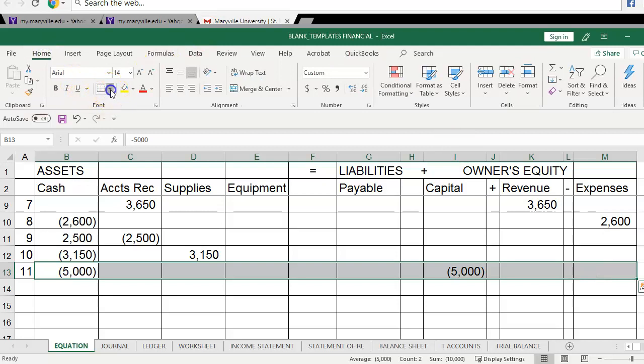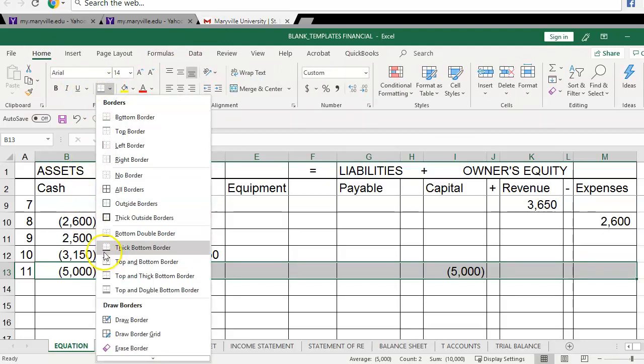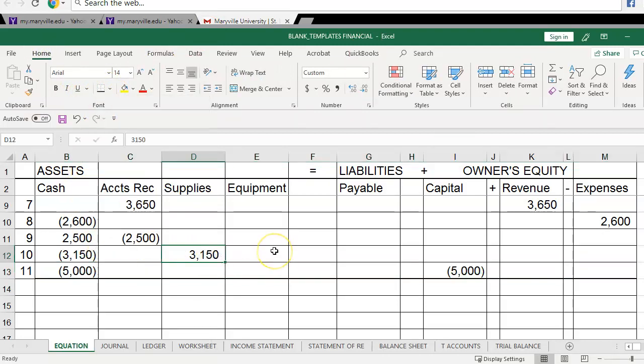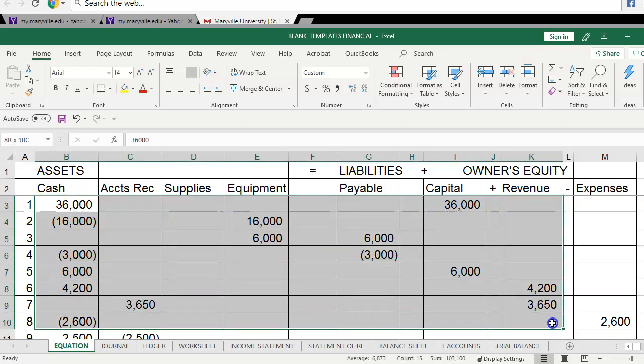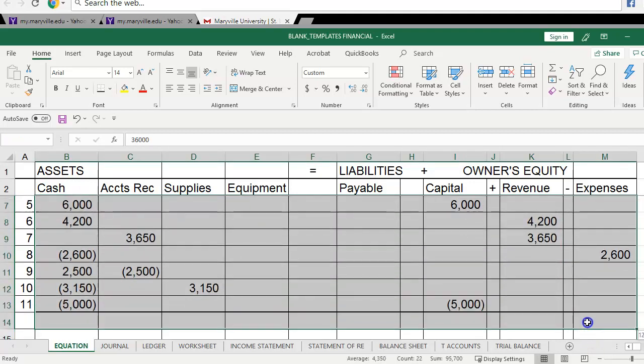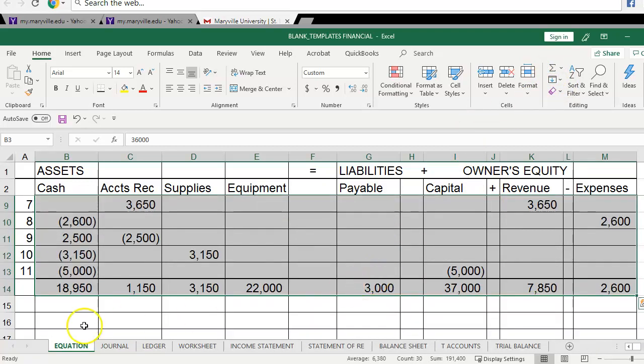Now recall when we defined accounting, we have to record transactions. We've done that. Classify transactions. It's now time to summarize the transactions, determine what are the end results from all of our business transactions. So I now need to get totals for each of these accounts. Here we go.